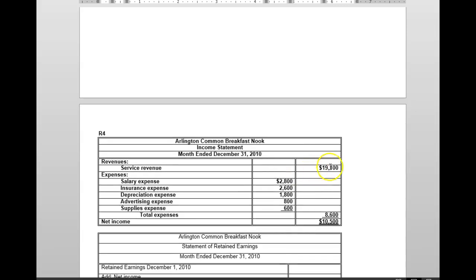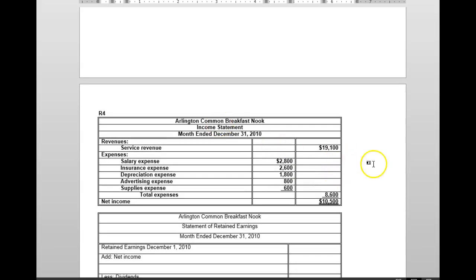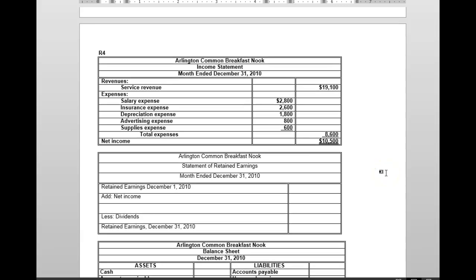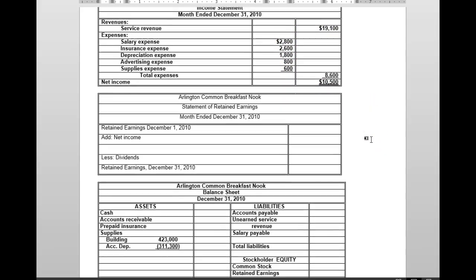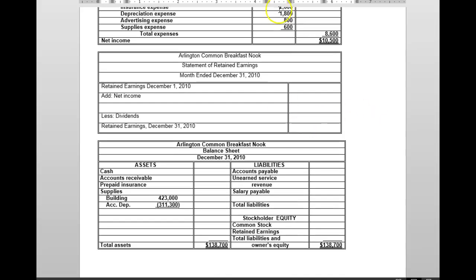And then you're going to pull off income statements. I've kind of given you the income statement, so you kind of have a running leap at it. It gives you some ideas of what your balances are going to be. And then you're going to take this and transfer it down.